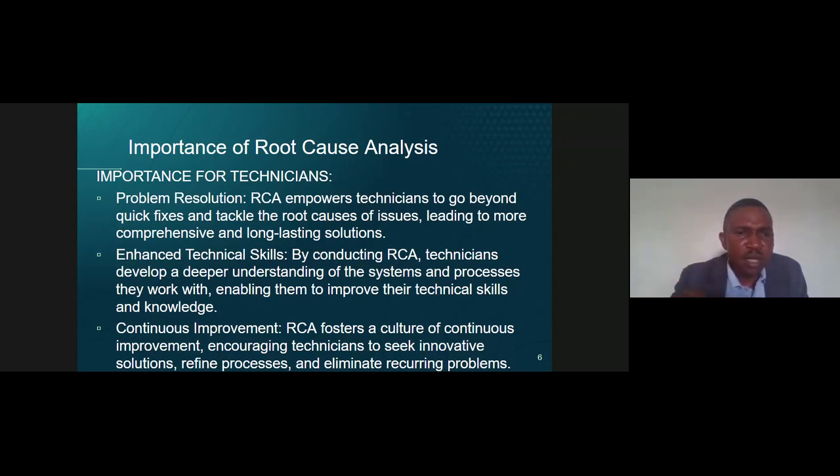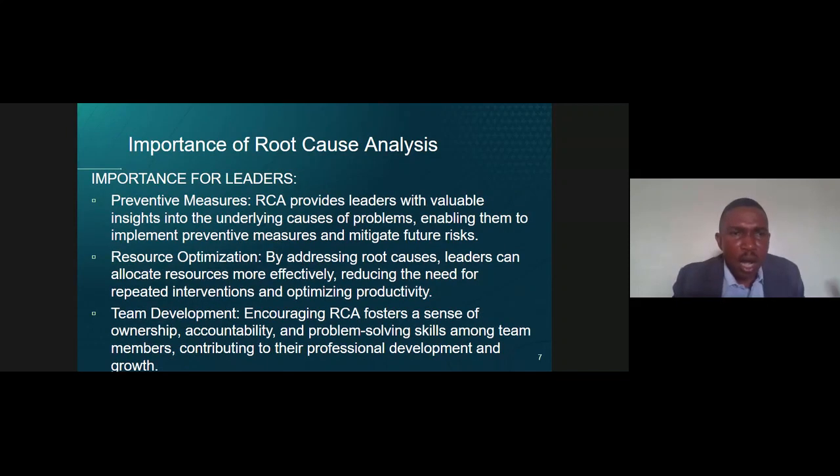So if you're a technician or an engineer, it is very important you take note of this and why you are carrying out this root cause analysis. How about for managers in the company or in the industry, the leaders in the organization? Why is this root cause analysis important to them? It serves as a preventive measure. What do I mean when I say it serves as a preventive measure?